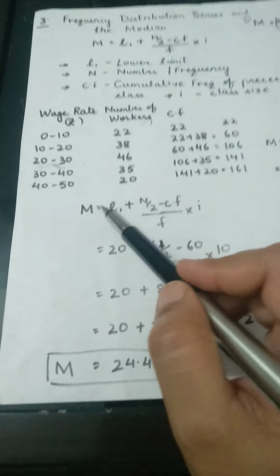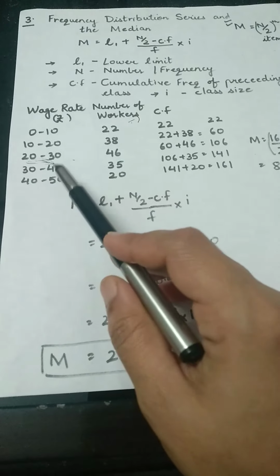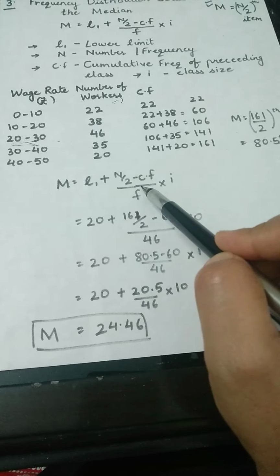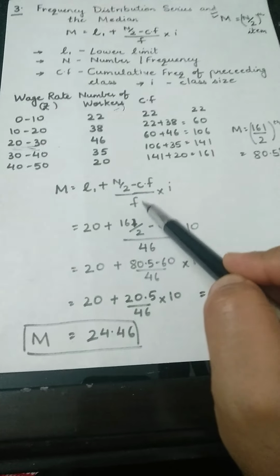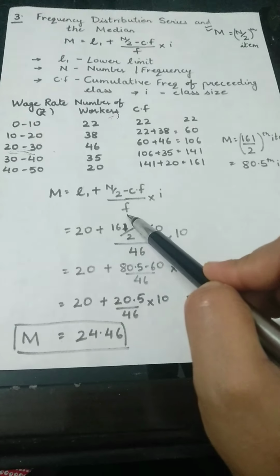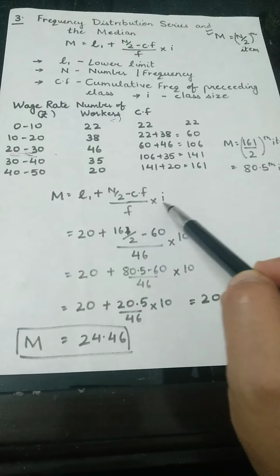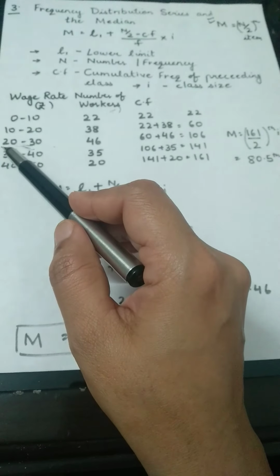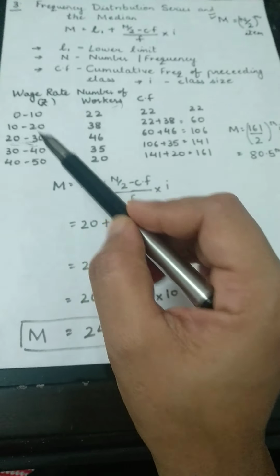This formula will be applied here: median is equal to lower limit plus n by 2 minus cumulative frequency of the preceding class, divided by frequency and multiplied by class size. For the lower limit, we will consider the lower limit of this 20 to 30 range. What is the lower limit?